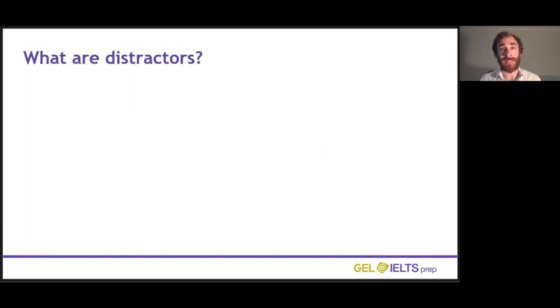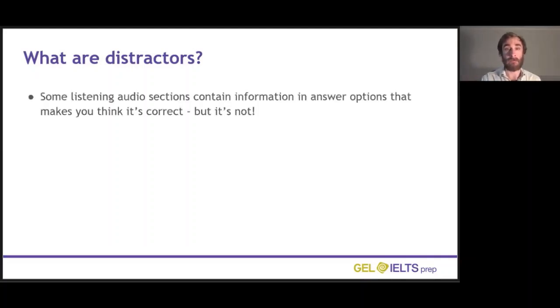Now I'd like to look at distractors. So what do we mean when we say distractors? Well, the IELTS listening test is a test of your ability to understand the general meaning behind what people are saying, but also to understand the specific information that people say.